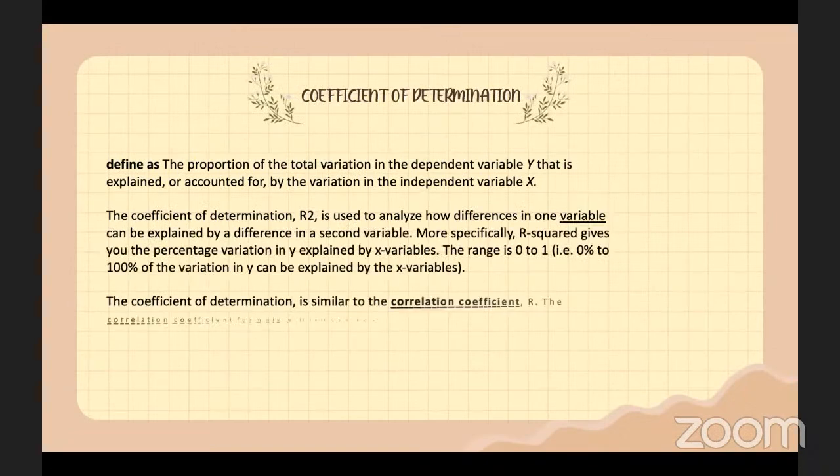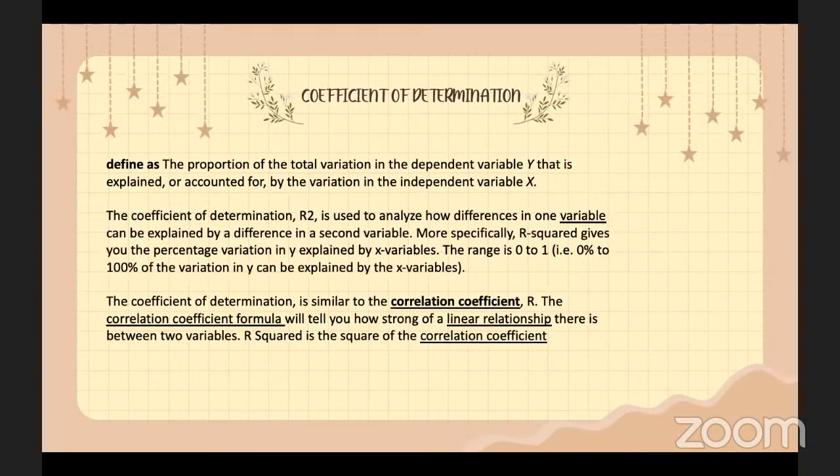Next is the coefficient of determination, defined as the proportion of the total variation in the dependent variable y that is explained or accounted for by the variation in the independent variable x. The coefficient of determination, or R squared, is used to analyze how differences in one variable can be explained by a difference in a second variable.